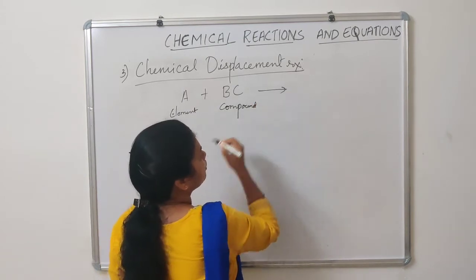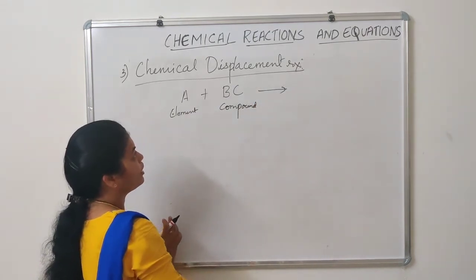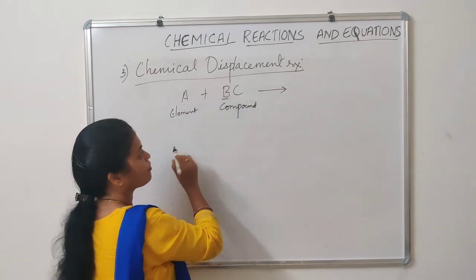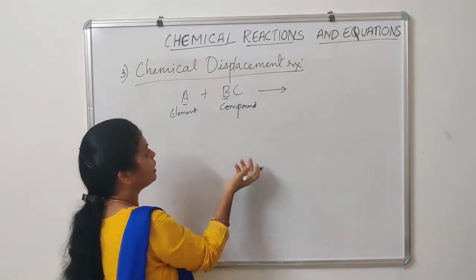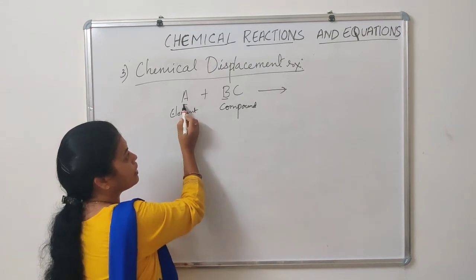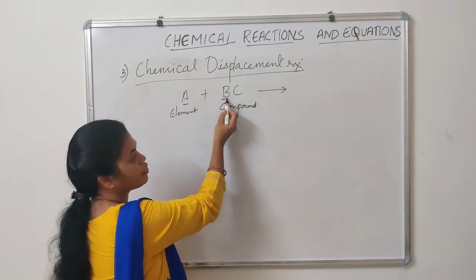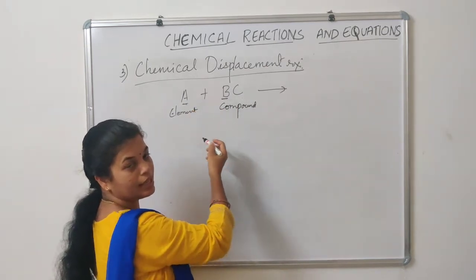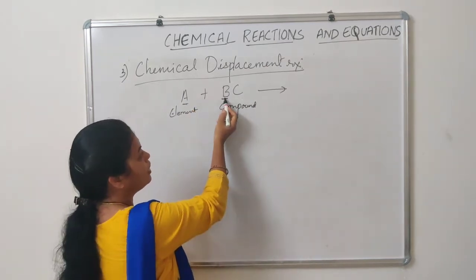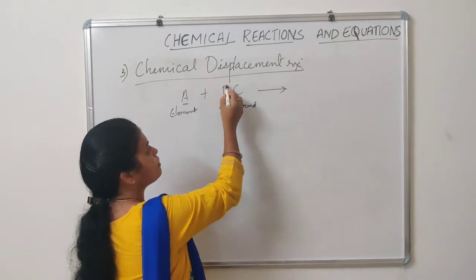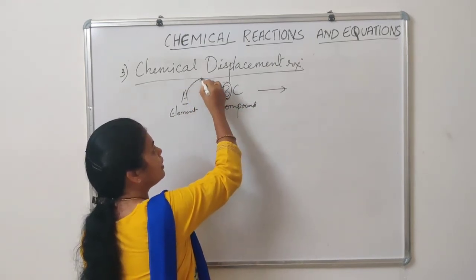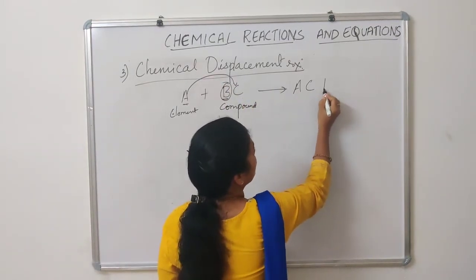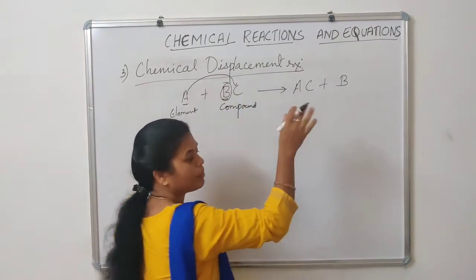Then when this reaction is carried out, A is more reactive than B. You can take it as any metal or non-metal, and here A is a metal and B is also a metal in a salt, an ionic compound. Then A is stronger than B, A is much more reactive than B. What it does is displace the B, and A combines with the C to form AC, and B gets isolated, separated out.